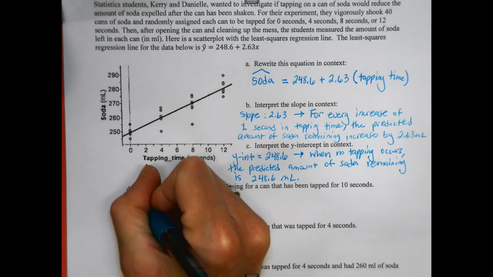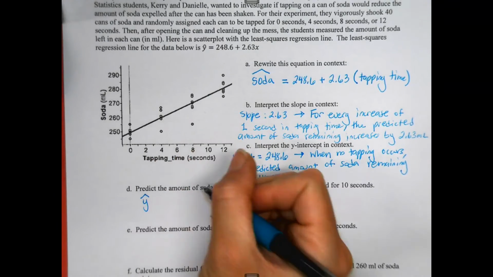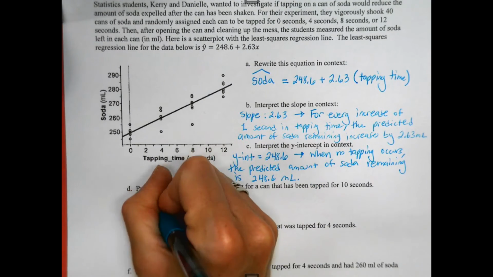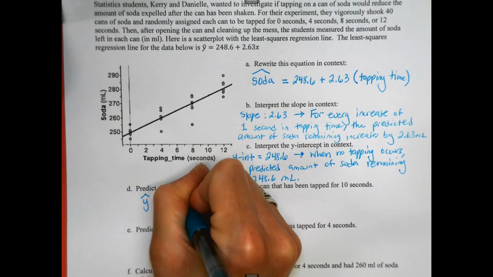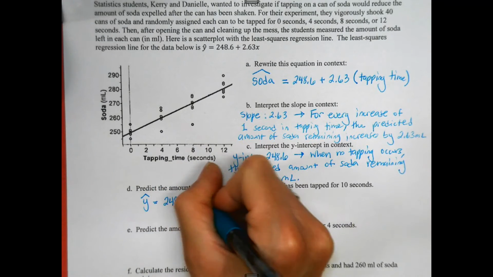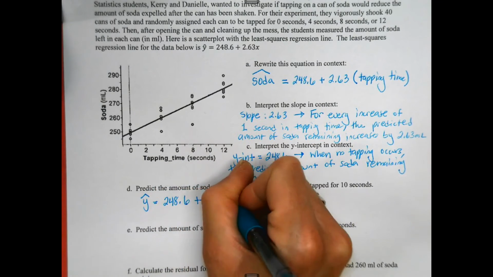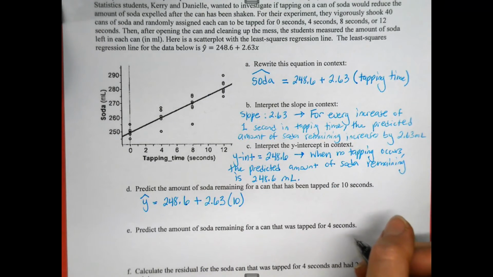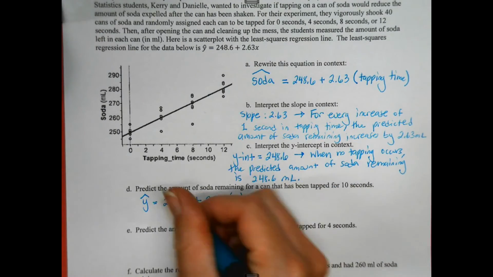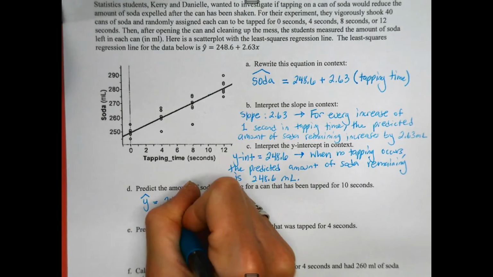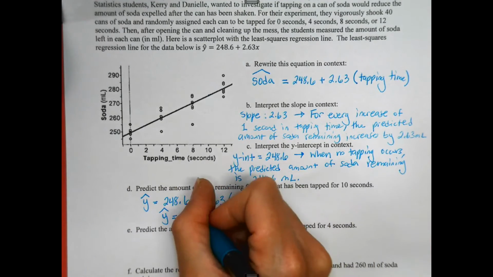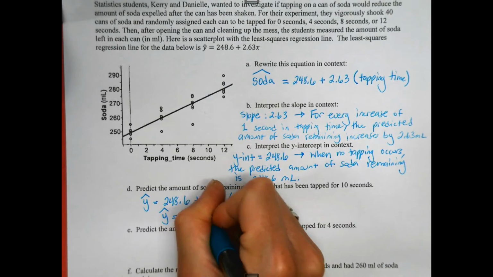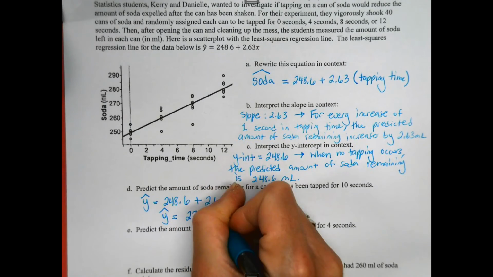Let's say our predicted value of soda is going to be 248.6 milliliters plus 2.63 times our tapping time of 10 seconds. When we use our calculator and calculate that all out, we end up with 274.9 milliliters.